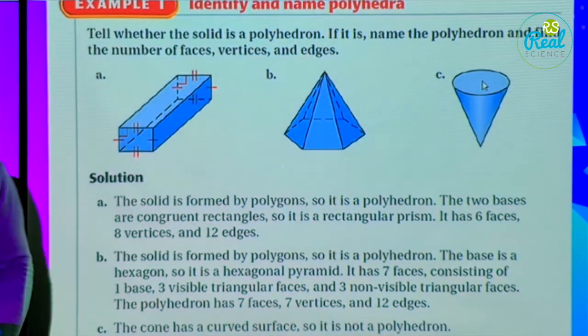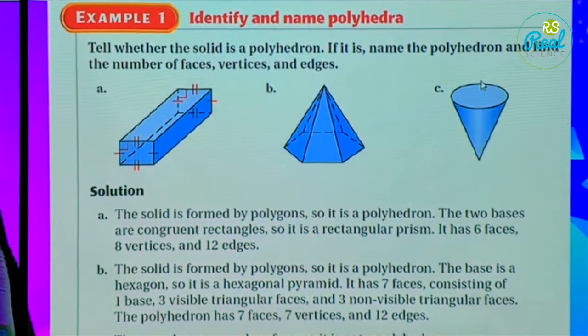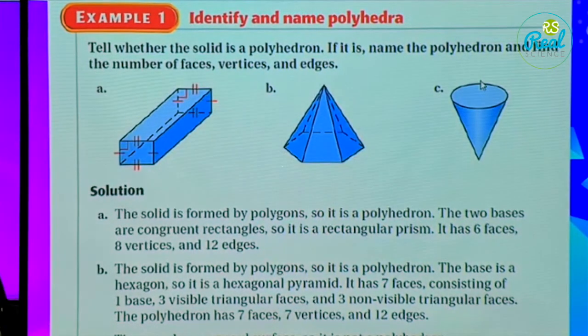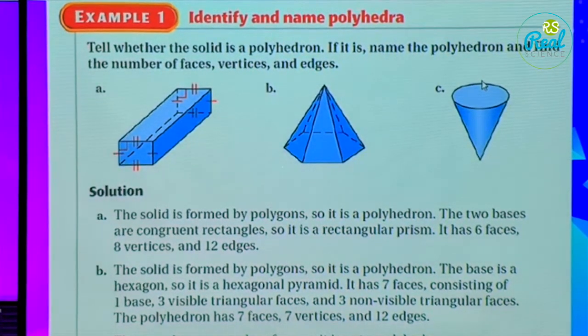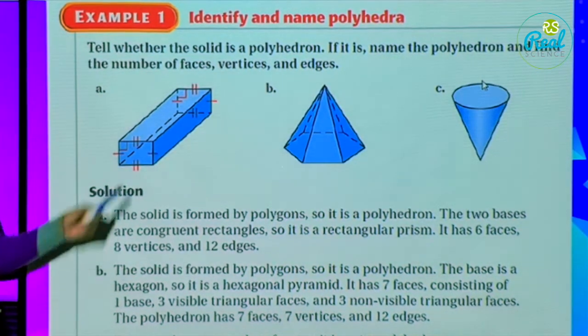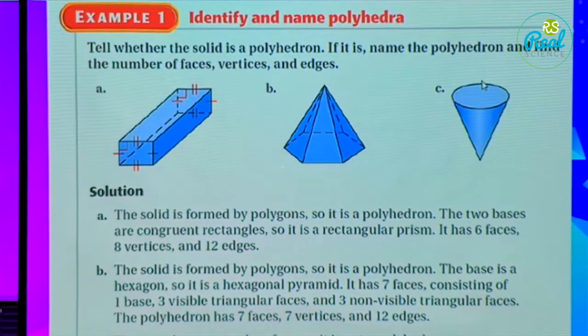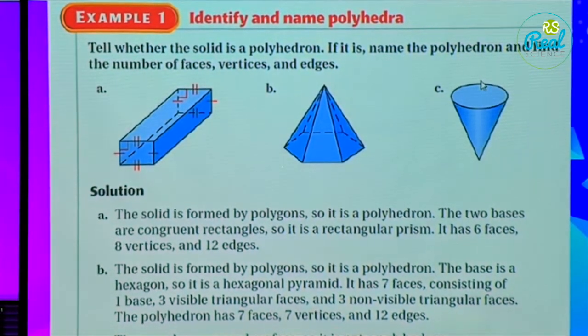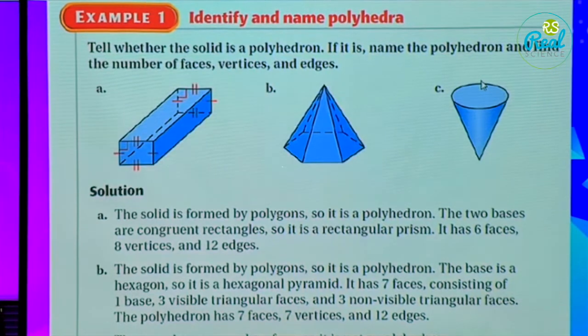Okay, here are some questions. Tell whether the solid is a polyhedron, its name, and if a polyhedron, define the number of faces, vertices and edges. What's the name of this one? Prism. Rectangle. What kind of prism? Rectangular prism.